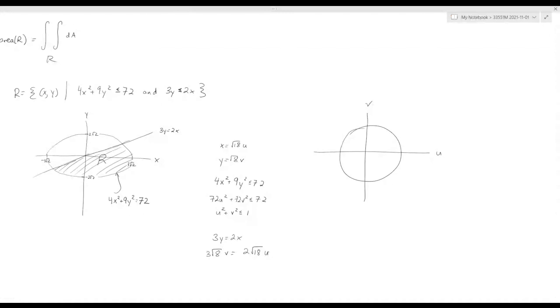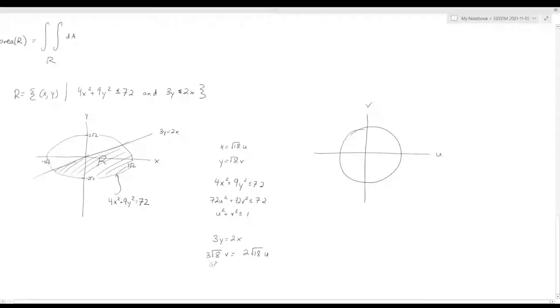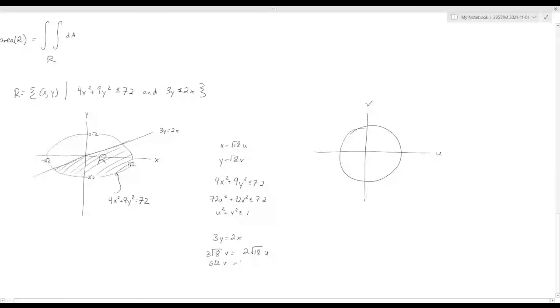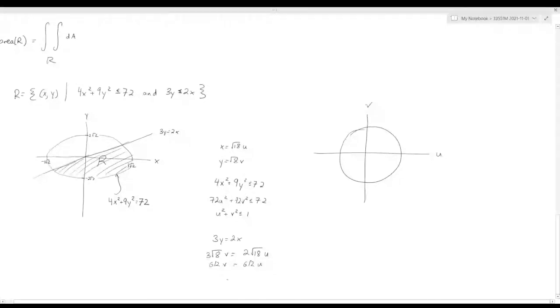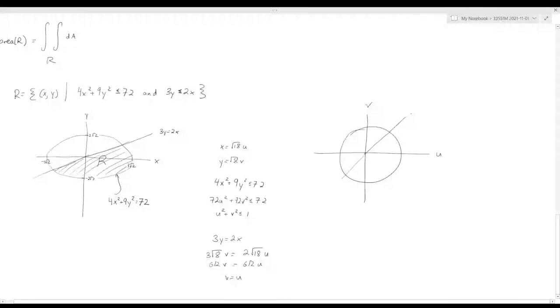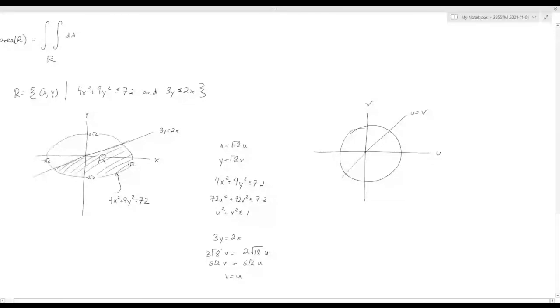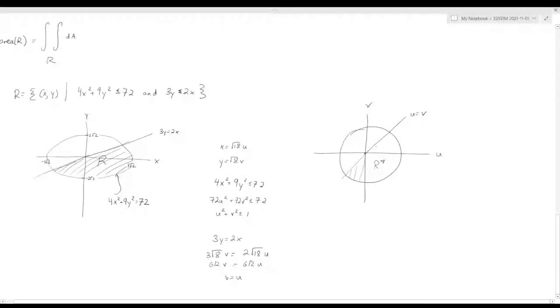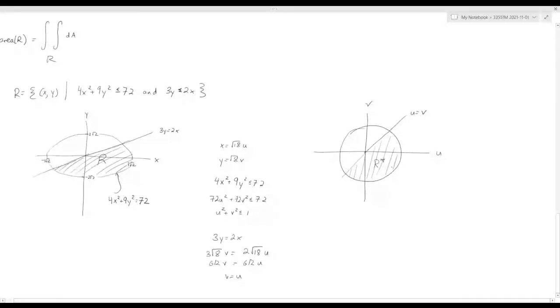So this becomes 6 square root of 2, and this becomes 6 times square root of 2. So v equals u is just a diagonal line, right? And so this must be the new region R star in the UV plane. So you're integrating over a half circle.